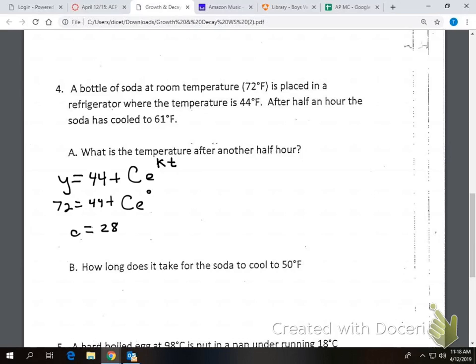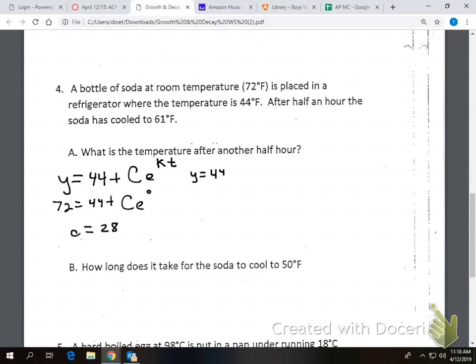What does that mean? The 28 allows me to go back through here. Let me put the equation in now. Can I grab my book and make sure I say it correctly? What was the section, 5.2?